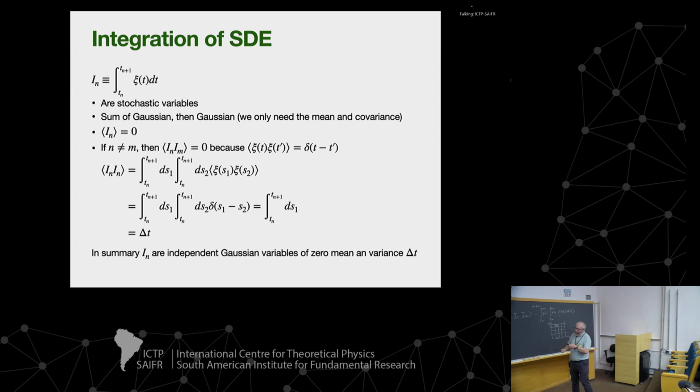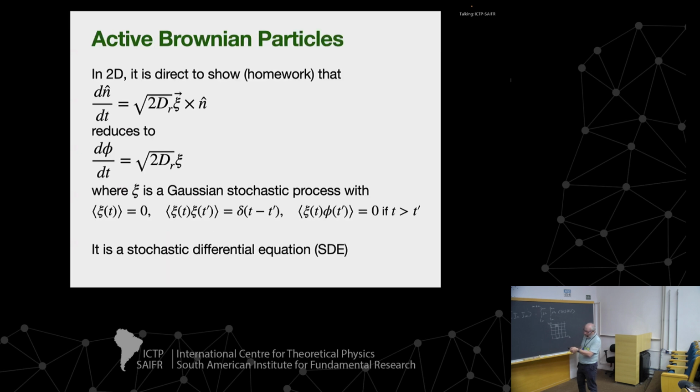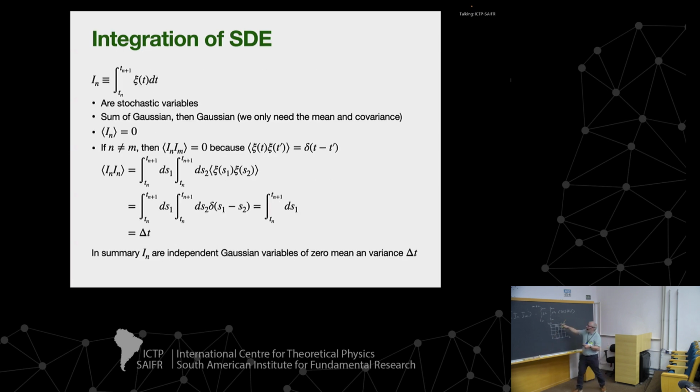But the correlation of the noise tells you that it's different from 0 only if the two times are equal. That is, over that diagonal. So you're integrating here over a block where the diagonal is not there, so you get exactly 0.